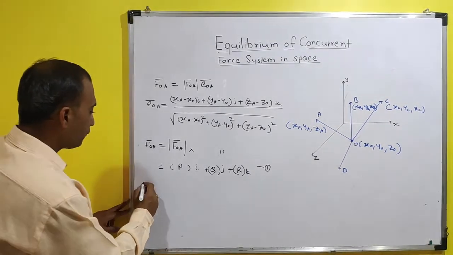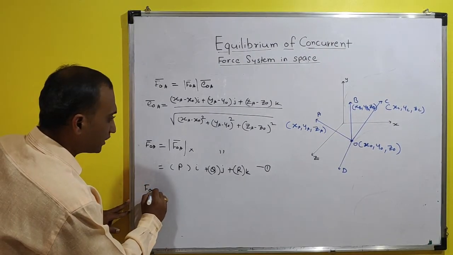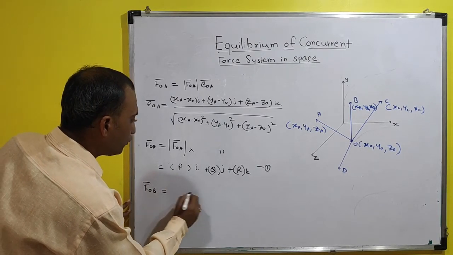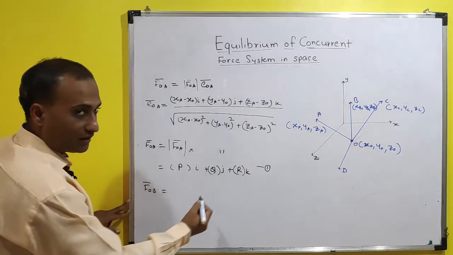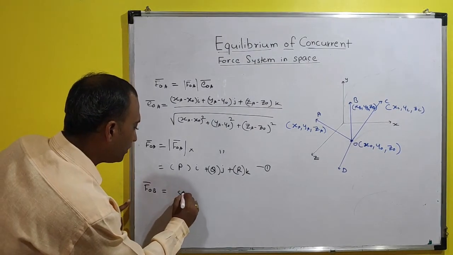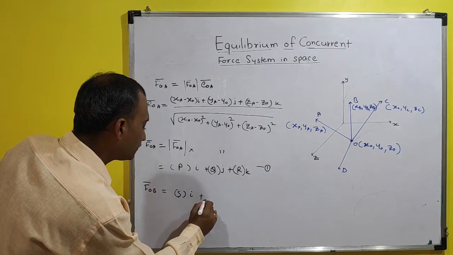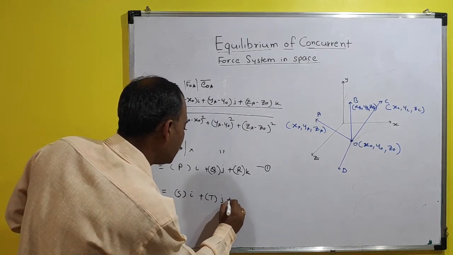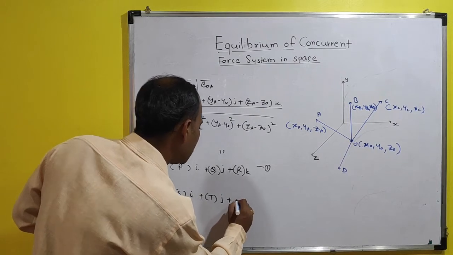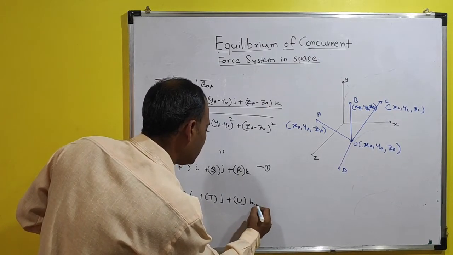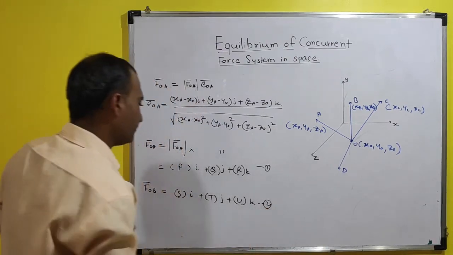Similarly, you have to form the force vector equation for OB also, and you will get the equation in terms of, let's say, S i, then T j, then U k. So this is your second equation.